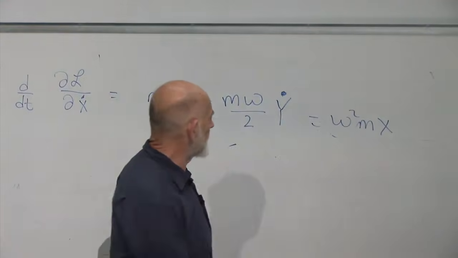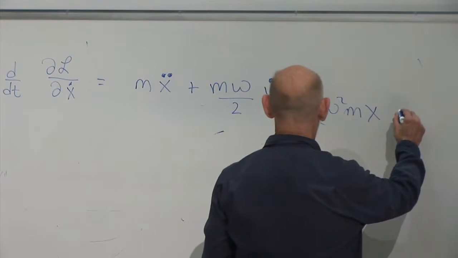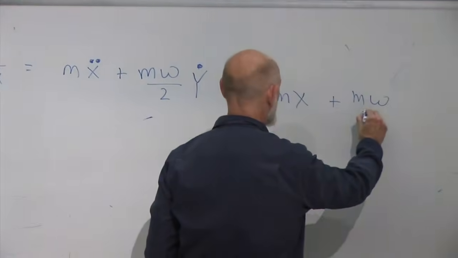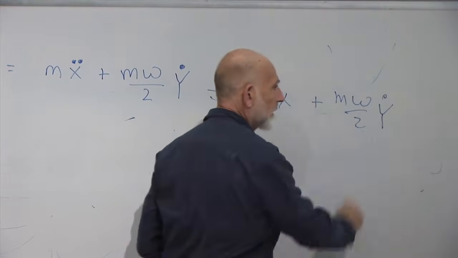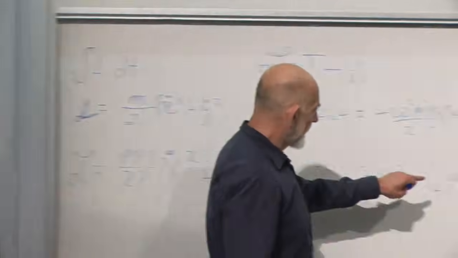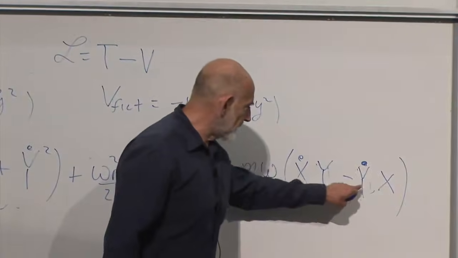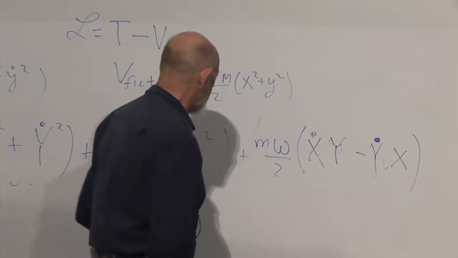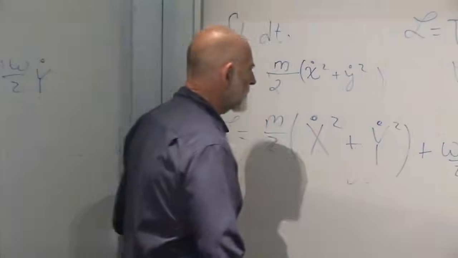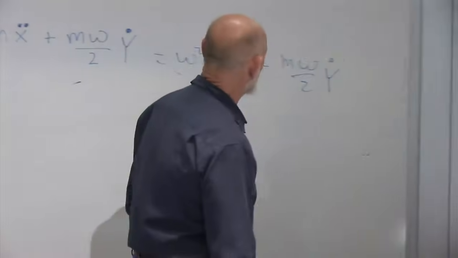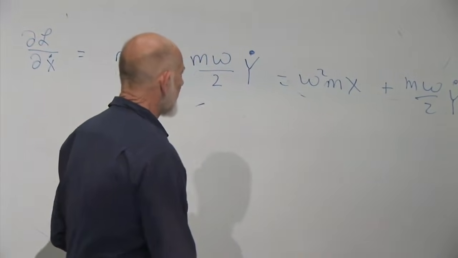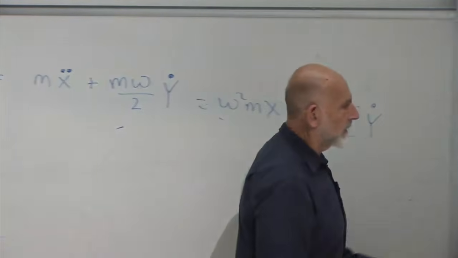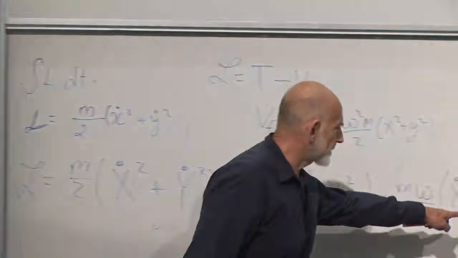And what's the other term? The other term should be plus m omega over 2 y dot. Comes from here. Differentiating with respect to x gives us m omega over 2 times y dot. Now the sign, do I have a sign mistake? Yes, I have a sign mistake over here, coming from this sign over here.